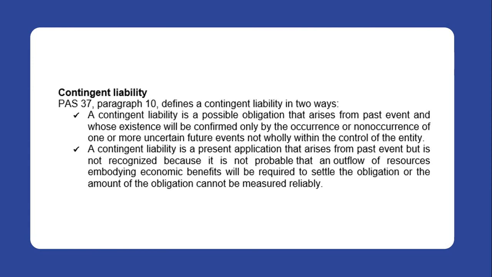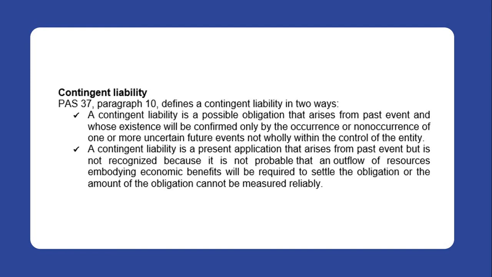Contingent liability. So, PAS 37 paragraph 10 defines a contingent liability in two ways. A contingent liability is a possible obligation that arises from past events and whose existence will be confirmed only by the occurrence or non-occurrence of one or more uncertain future events not wholly within the control of the entity.